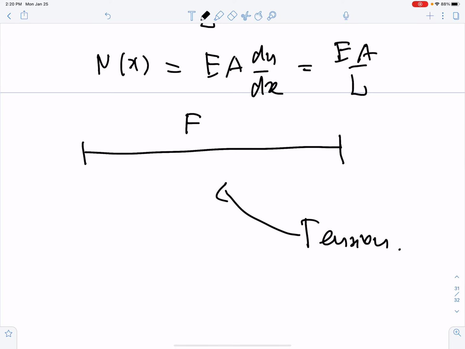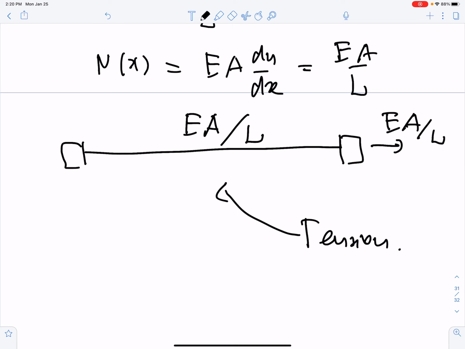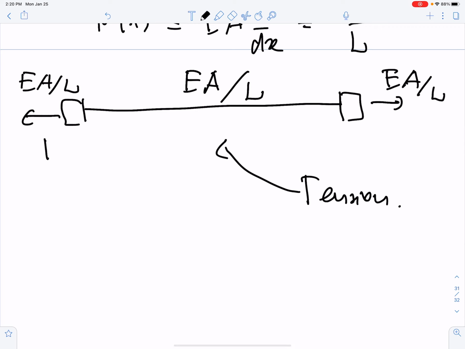On the inside, you have a constant force of EA over L. Then you go to the nodes. You take this force and multiply by the unit outward normal. You get EA over L here, positive, and EA over L, negative. And this is exactly K12 and K22.